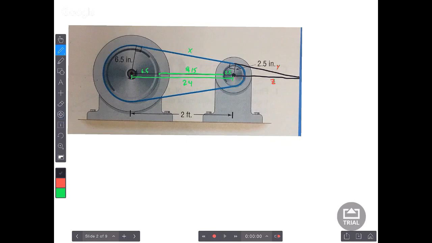So I'm going to say, let's see, the ratio of the big triangle, 6.5, to the small triangle, 2.5, is equal to the whole hypotenuse of the big triangle, 24 plus z, over the hypotenuse of the small triangle, just z.